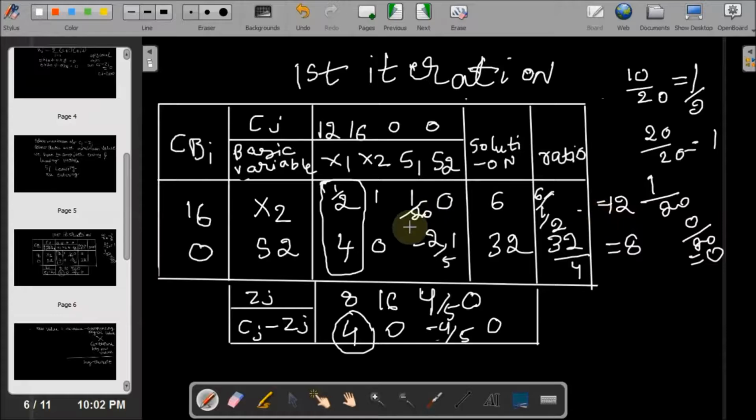So this will be your key row. So what is your key element? See the intersection point, you can see 4 is the key element.